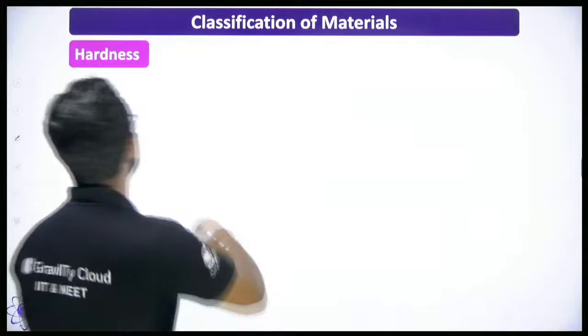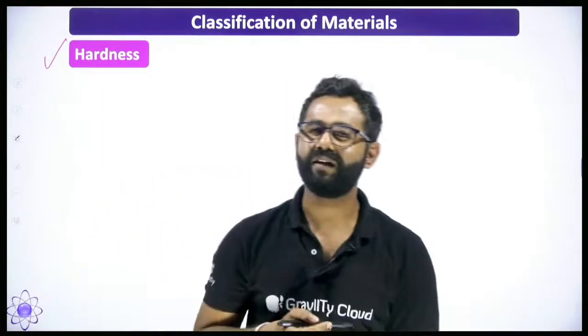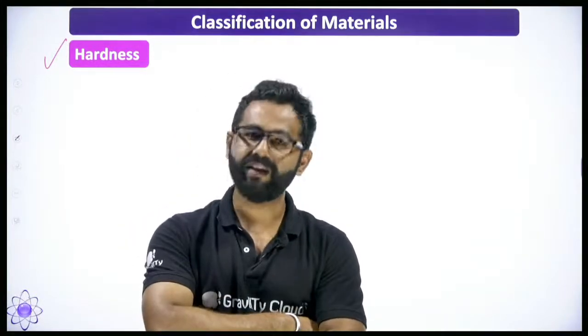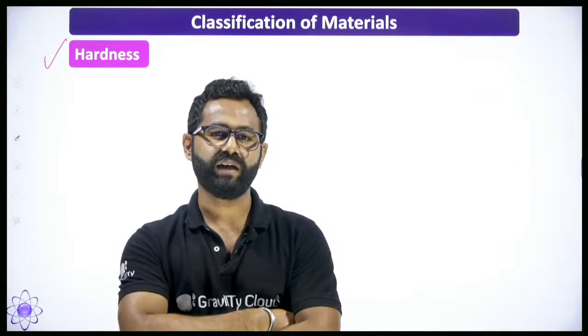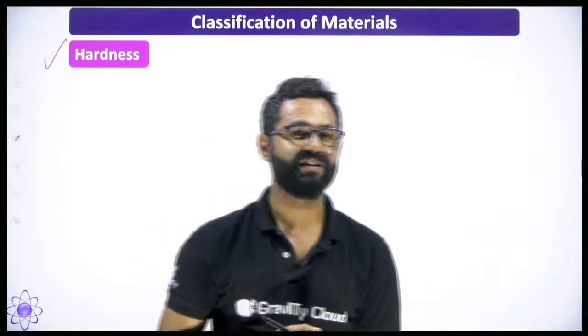The next property which we will understand is the hardness of materials. Now you will see that many materials are there in our surroundings, and a few of those materials are hard in nature and a few of them are very soft, right? For example, iron. Iron is very hard in nature, right?